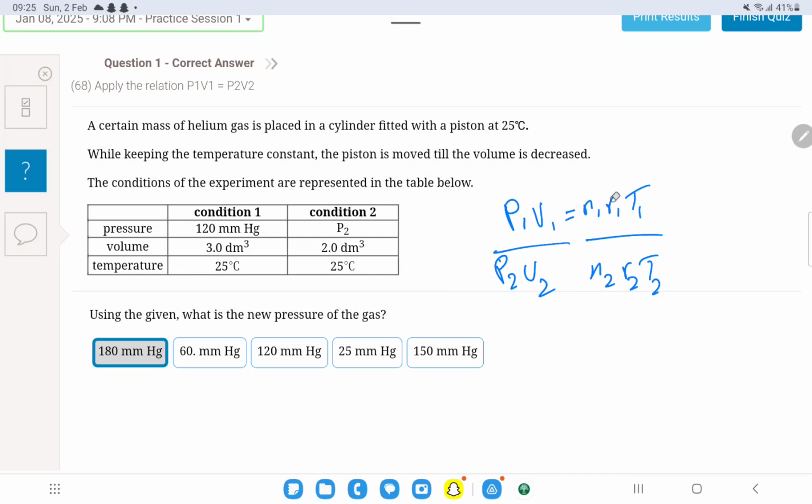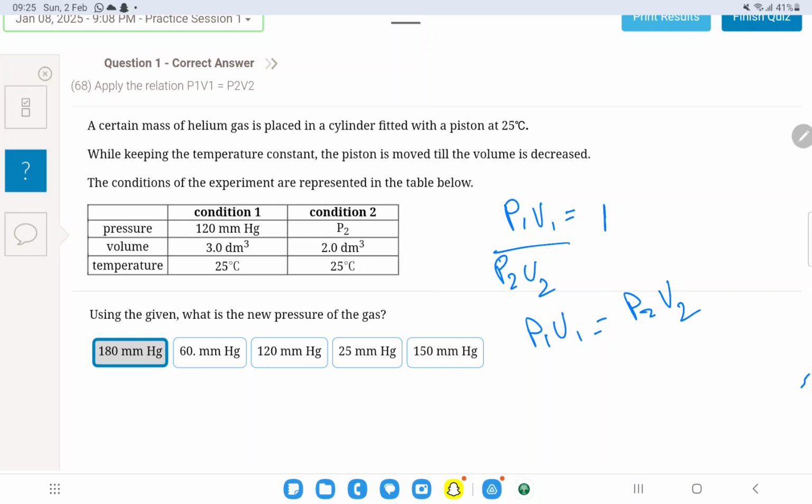n is constant, R is constant, we remove the R. So is n, certain mass of helium, you remove it. Also, temperature stayed constant here. So P1 V1 over P2 V2 equals 1. You can cross multiply, P1 V1 equals P2 V2.